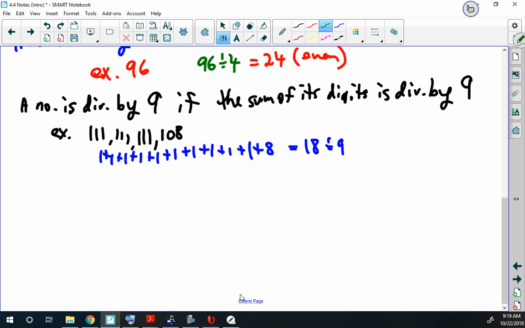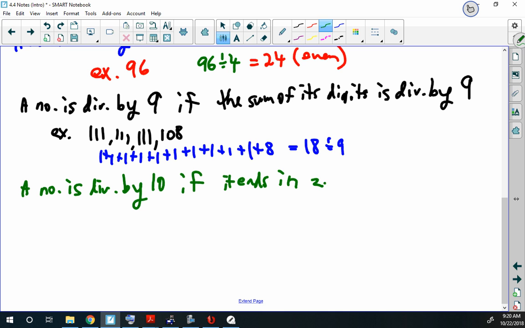There's a couple more. A number is divisible by 10 if what? If it ends in 0.